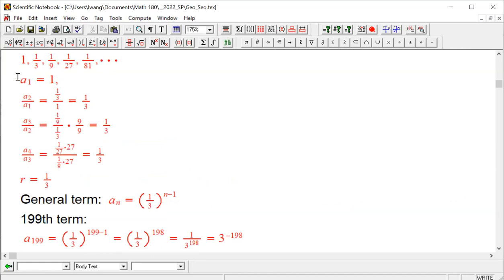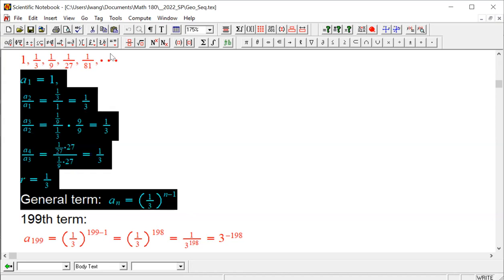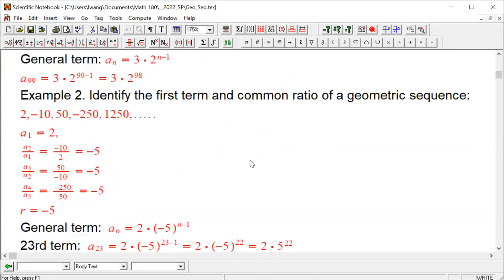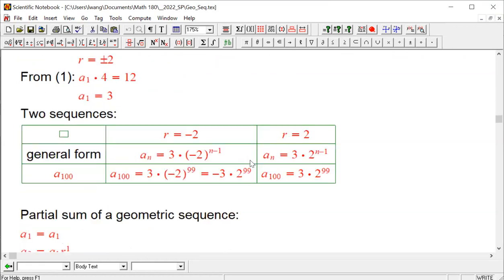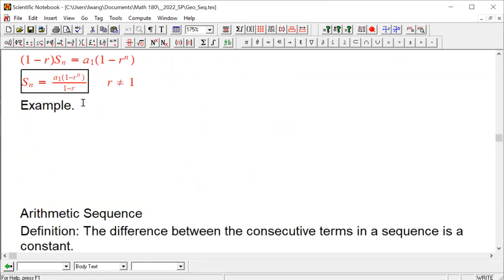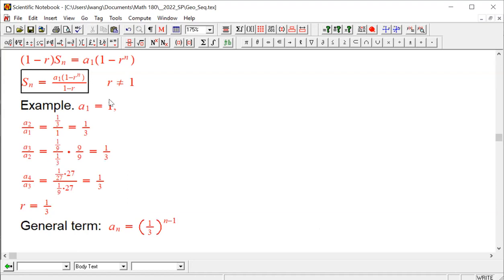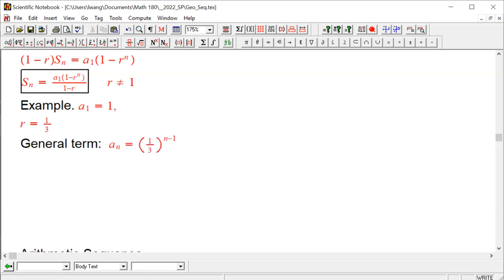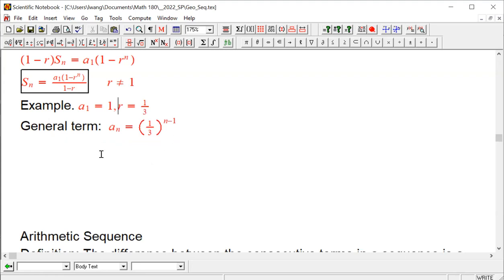I like that example, so I'm going to apply this to example number 2. Here A1 equals 1 and r equals 1/3. The general term is such, and what will be the partial sum?